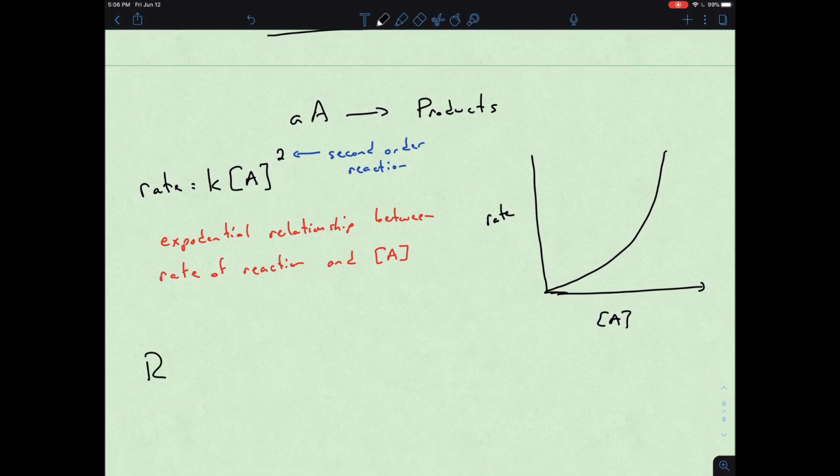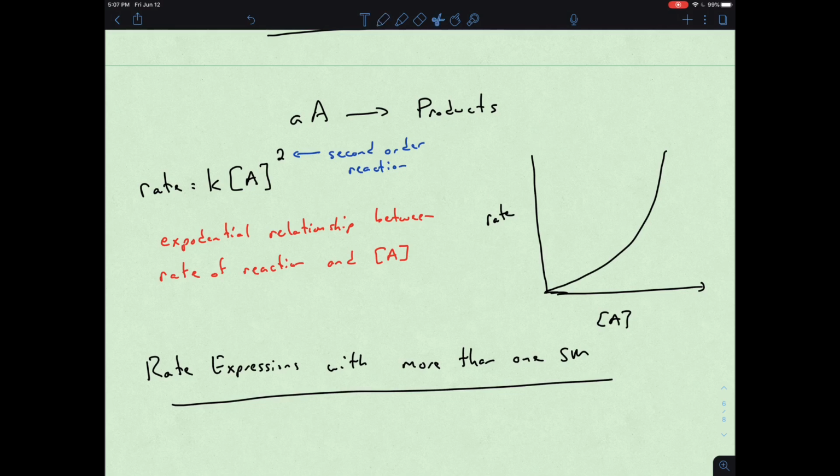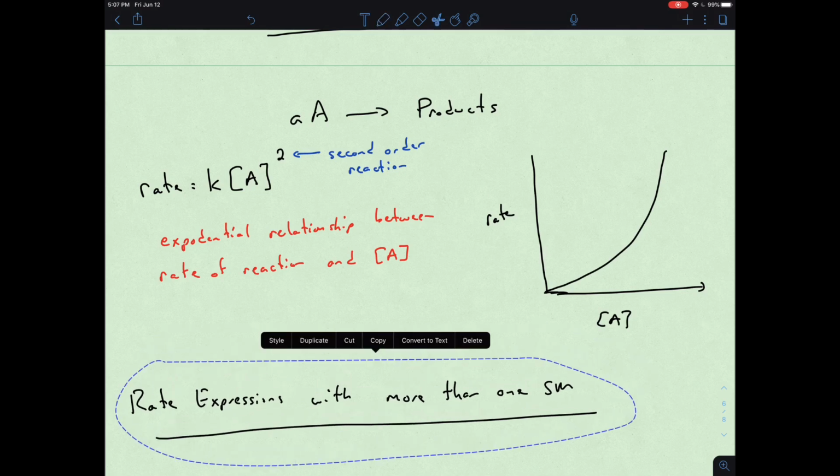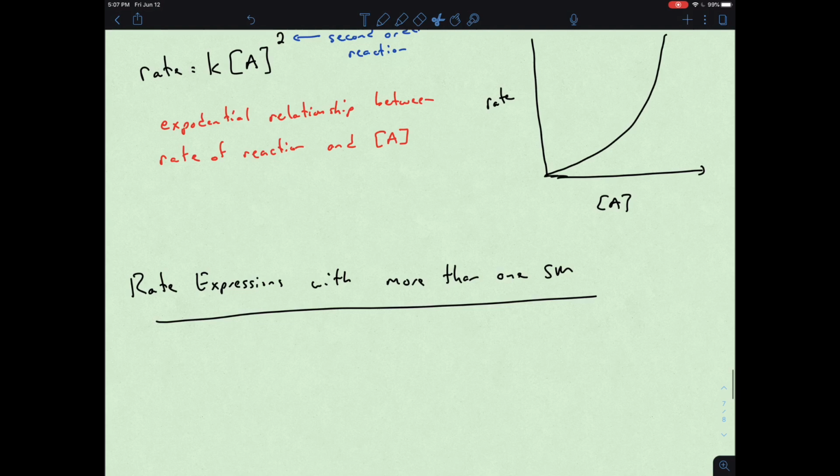In terms of rate expressions with more than one starting material, it's just kind of tacking on the other starting materials as we go.